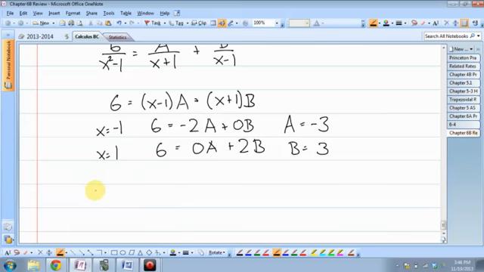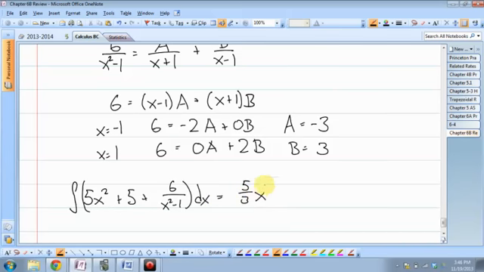So the integral of 5x squared plus 5 plus 6 over x squared minus 1 dx is equal to 5/3 x cubed plus 5x plus the integral of negative 3 over x plus 1 plus 3 over x minus 1 dx.